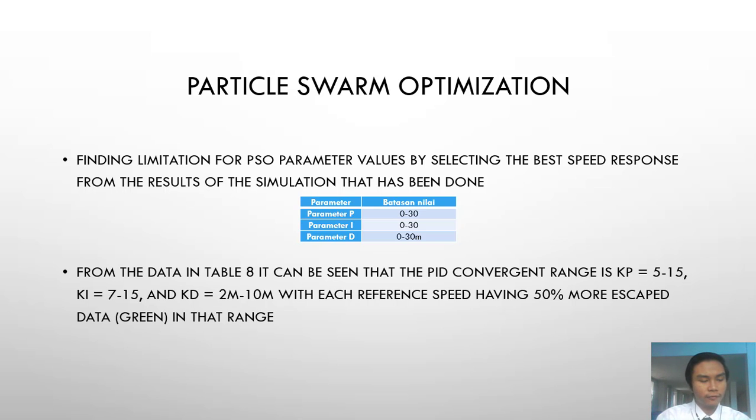PSO is a fast convergent search algorithm but is prone to getting trapped in the local optimum, so it is necessary to determine an appropriate range of Kp, Ki, Kd values before starting the auto-tuning.